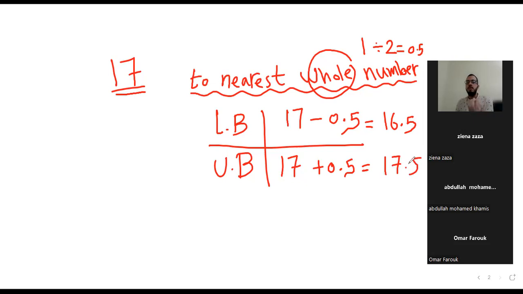What does it mean? In math, what is the importance of this? Well, the number here, which is 17, is now between 16.5 and 17.5.